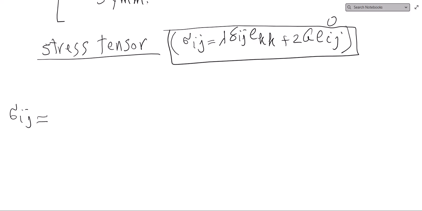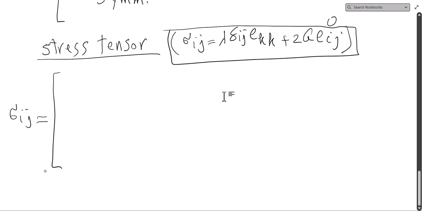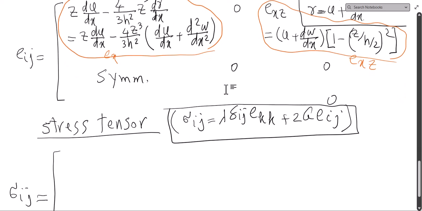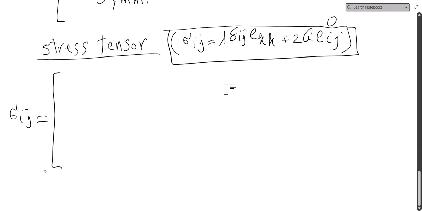And if you do that, then of course I will write it in terms of the more commonly used constant E modulus of elasticity and G shear modulus of elasticity, assuming again that Poisson ratio is negligible.